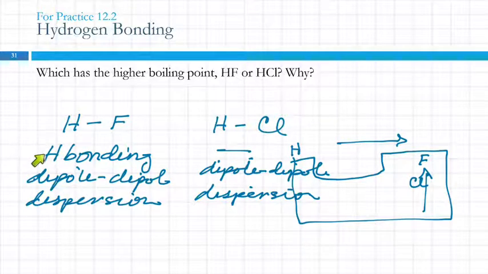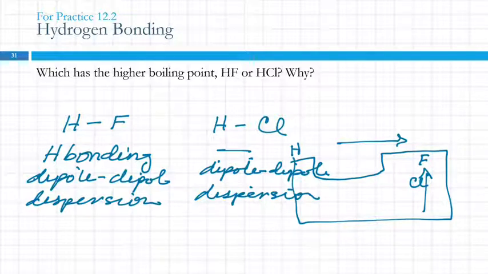Hydrogen bonding is the strongest of the intermolecular forces, and so because this one has stronger intermolecular forces, what does that mean about the boiling point? Is this boiling point going to be higher or lower than HCl? The way I think about this is you've got these two things, and if they're really, really stuck together, if they have strong intermolecular forces, you have to get to a higher temperature, much more energy to pull them apart.